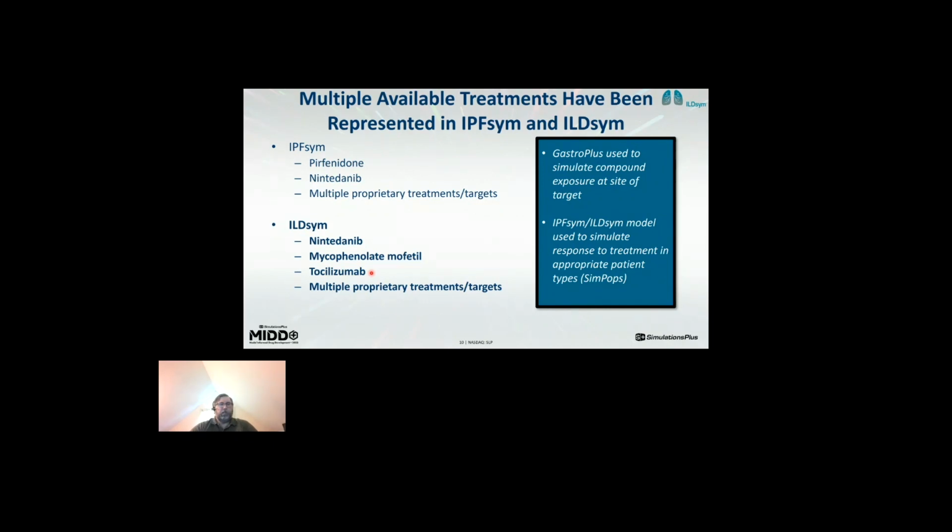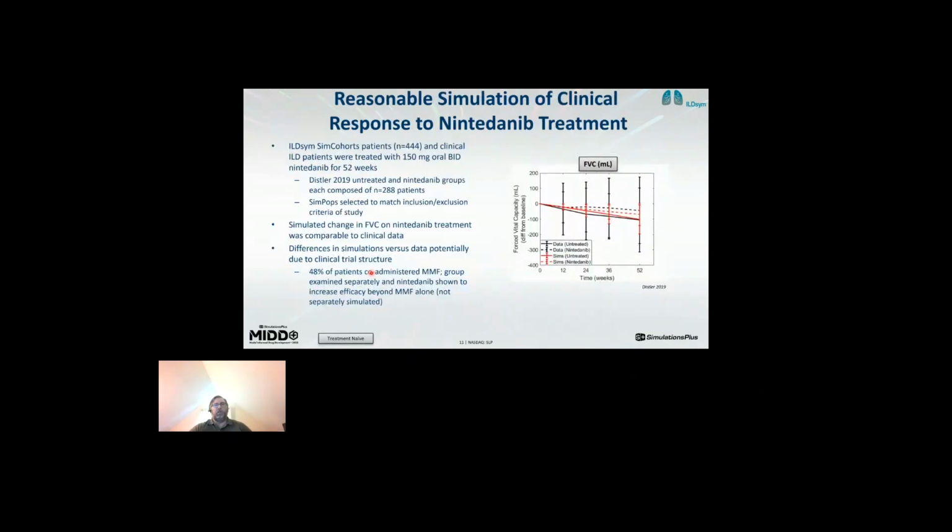And so, here we're just going to show the results of doing that. But the first nintedanib here, we simulate a cohort of 444. Now, how do we come up with that number? Well, that is matching clinical characteristics of the trial that we're comparing against.